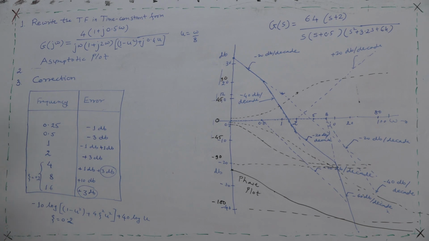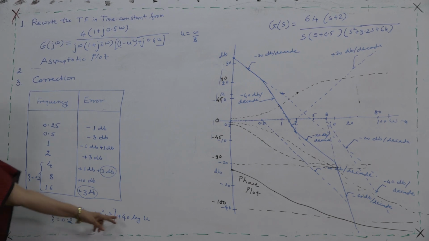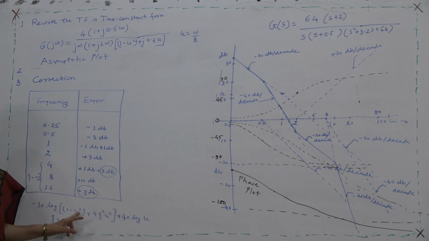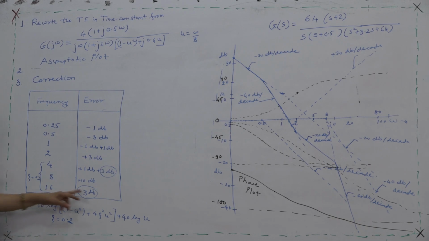You substitute the value here, u is half and double you are considering. So, consider double for the half, any one you can consider, this is for the upper range. So, consider double, that is u is 2, okay, and find out what is the actual error. This is the formula for the error. We have seen it in the previous lecture. Okay. So, this I am approximately taking, you substitute the value and find out.